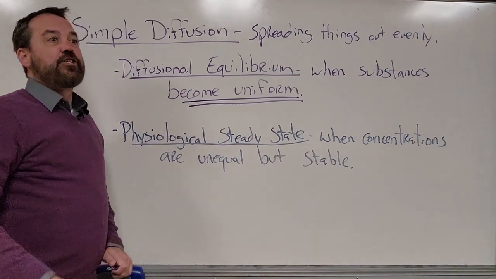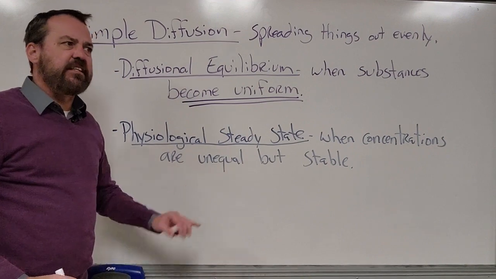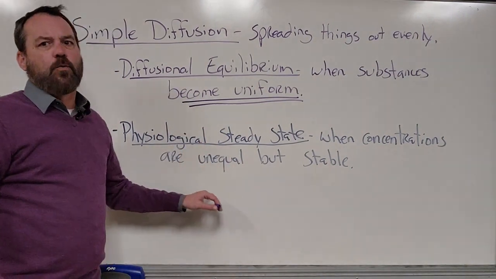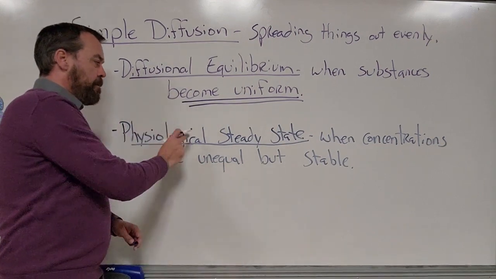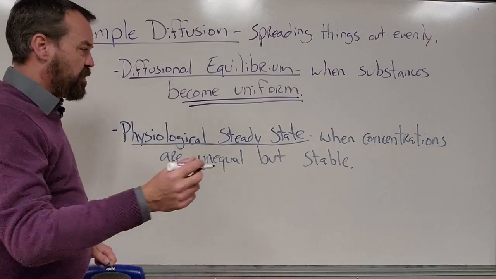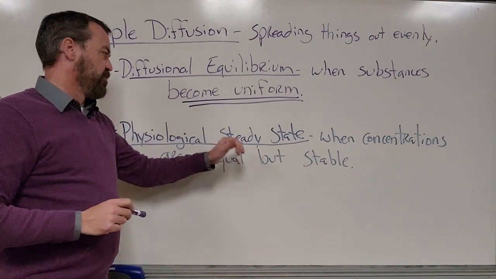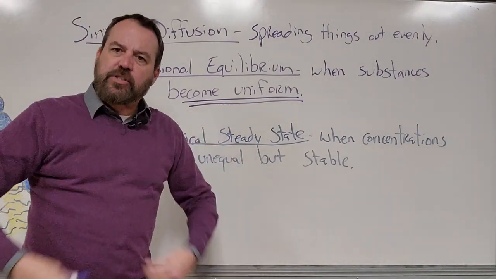Now, we do have a condition known as the physiological steady state in our body. Physiological steady state, this is when concentrations of diffusing substances are unequal but stable, just meaning we never reach diffusional equilibrium with the physiological steady state. So we use oxygen as an example for the physiological steady state because all of our cells in our body are constantly using up their oxygen.